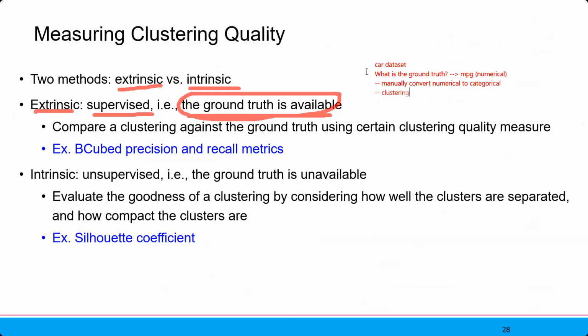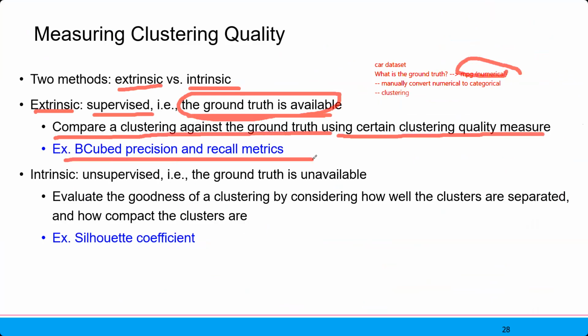Because I know there is a ground truth, or I know there is a label, then we can compare the clustering against the ground truth using certain clustering quality measures. I will explain it later.